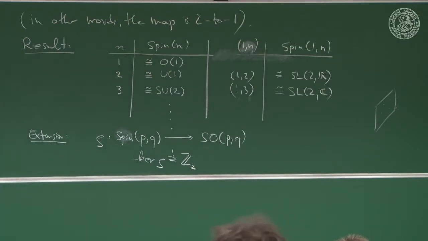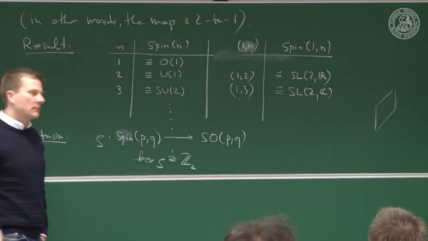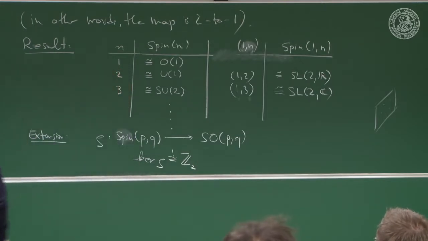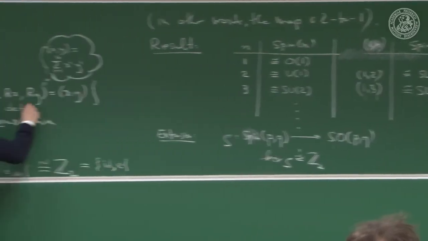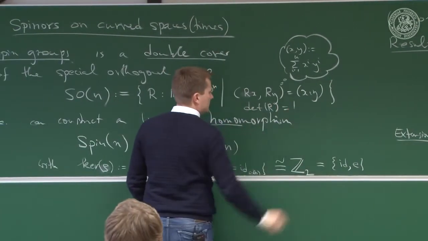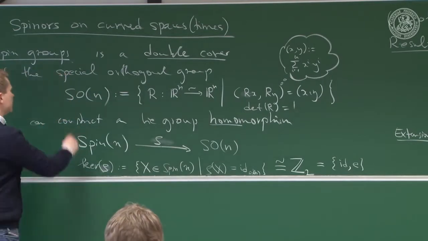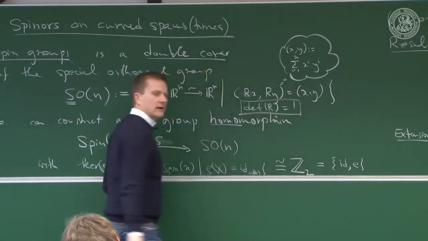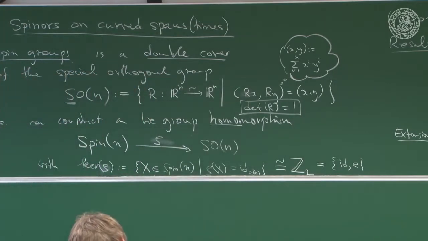SL is special linear, so it's the general linear group, but only those elements that have determinant 1. Right? Of course, this was incomplete. What I wrote down here is the orthogonal group. I have to restrict this to determinant +1. So this S here is this extra condition that the determinant be 1. I'm sorry, I suppressed that.